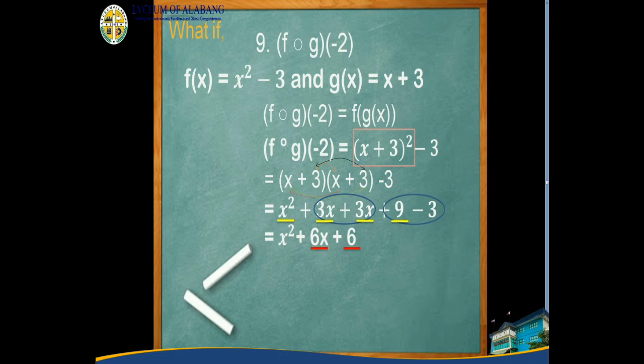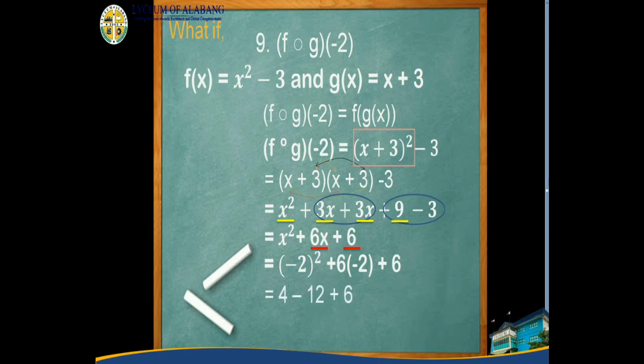After getting the composition of f of g of x, now substitute the given value of x, which is negative 2. So we have negative 2 squared plus 6 times negative 2 plus 6. And simplify.